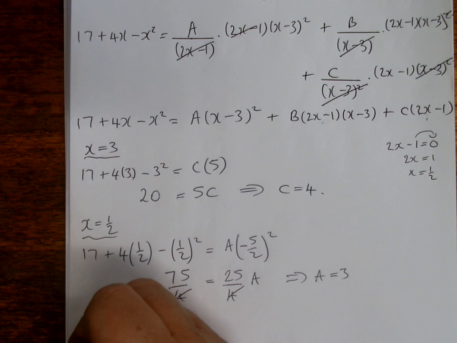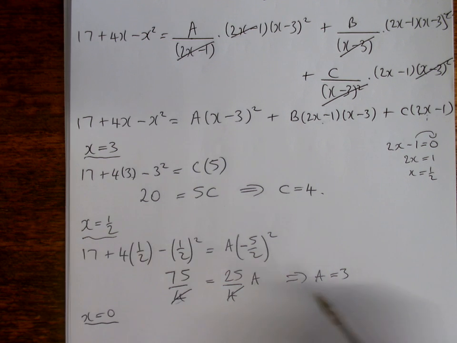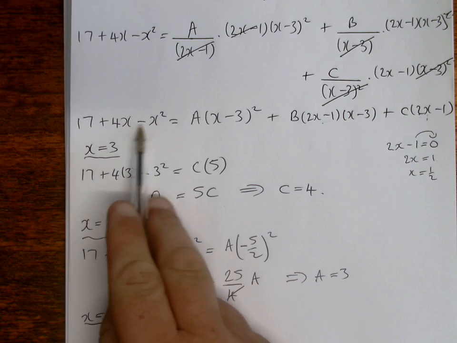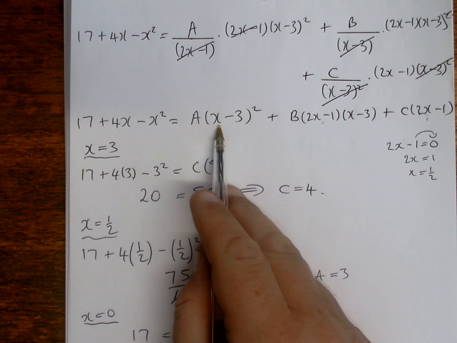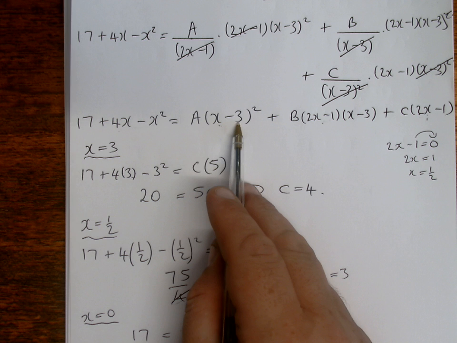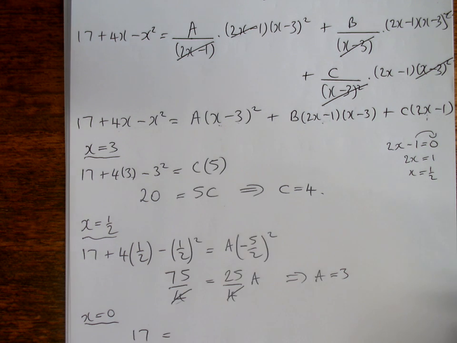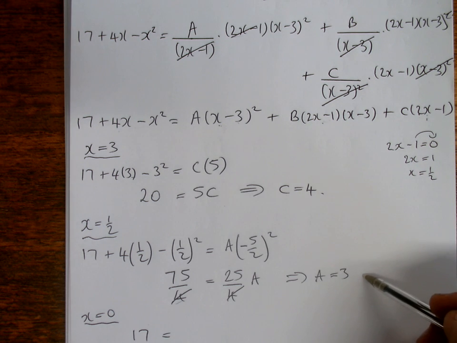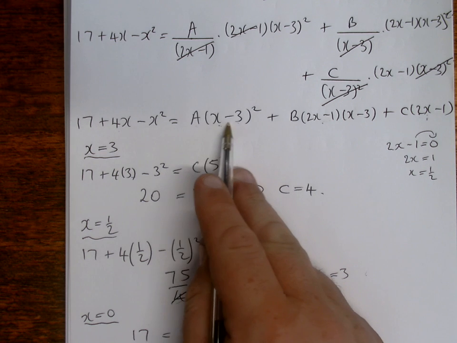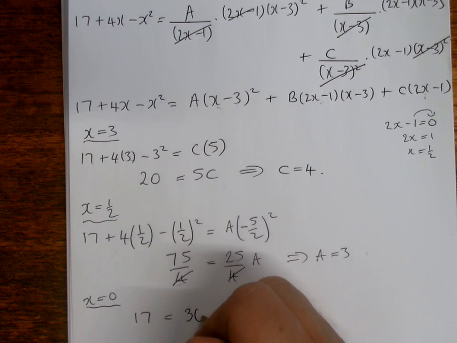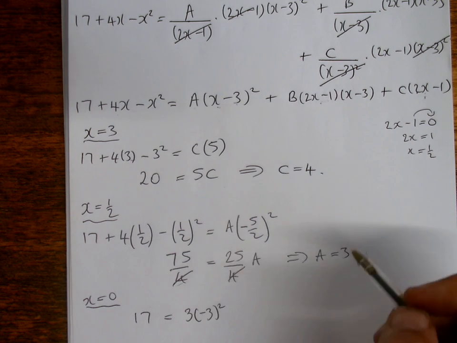So we're left then to work out b, and there are no other values to set to eliminate these, but of course the sensible thing to do will be set x equals 0, okay, so x is 0, that'll go, so you should get 17 there, 0 here, so minus 3 then, and square it. Now of course we know what a is as well, a is 3, so we can put 3 there, and in the bracket 0 minus 3, of course you've got to square it.